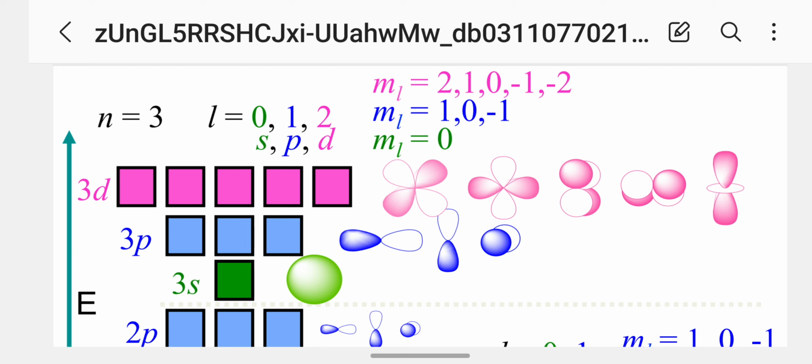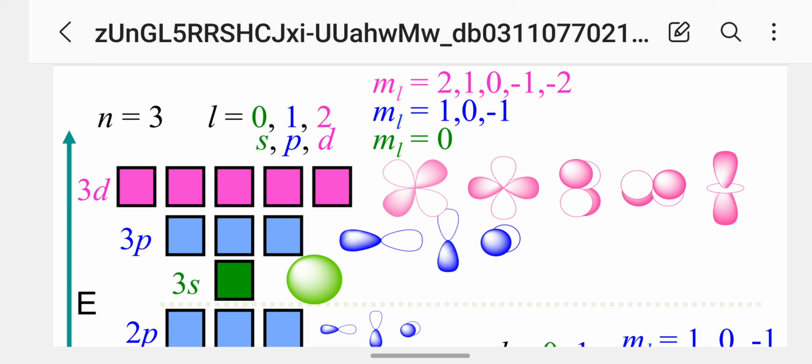And on page 13 of 19, we have the magnetic orbital quantum number equal to 0, minus 1, minus 2, 1, 2, which is exactly for the 3d orbital, and for the 5p orbital we have 1, 0, minus 1, and for the 1s orbital we have ml equal to 0.